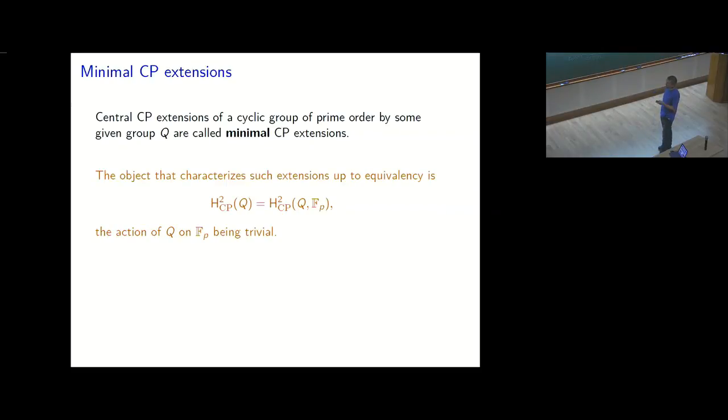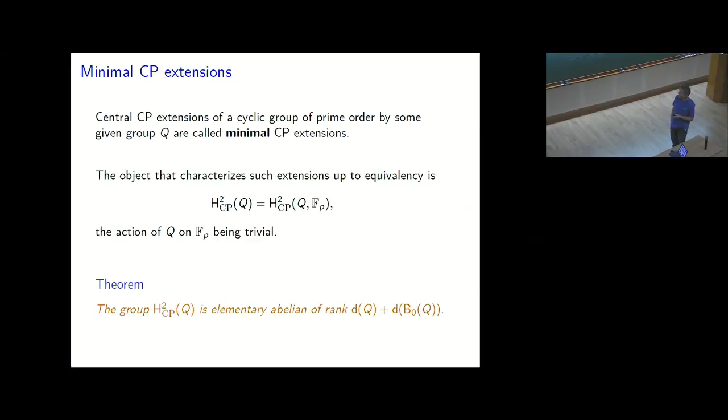And we proved, we basically described this group. So this group is elementary abelian of rank precisely the number of generators of Q plus the number of generators of the Cohomology multiplier. So basically, this is sort of a description of minimal CP extensions.